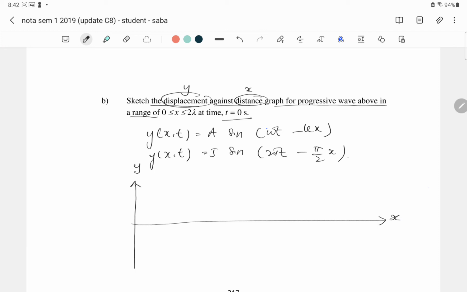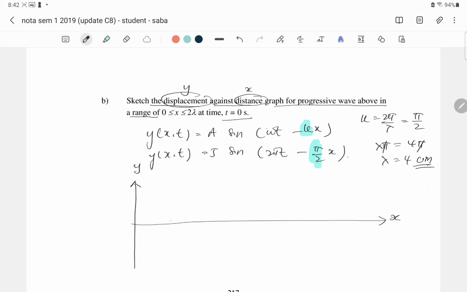How do we get lambda? We can have lambda from our k. So we know that k equal to 2 pi over lambda and k equal to pi over 2. So lambda pi equal to 4 pi. So lambda equal to 4 centimeter. Okay, 4 centimeter.